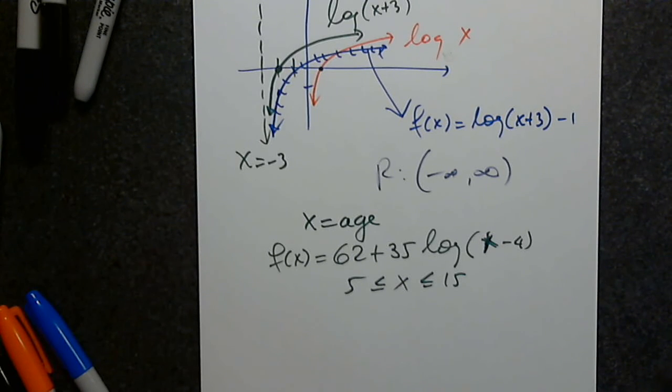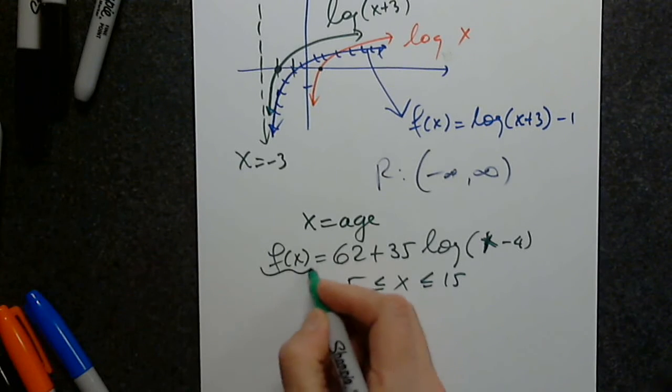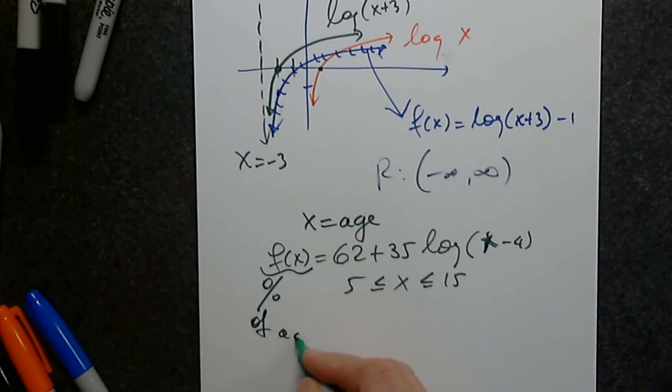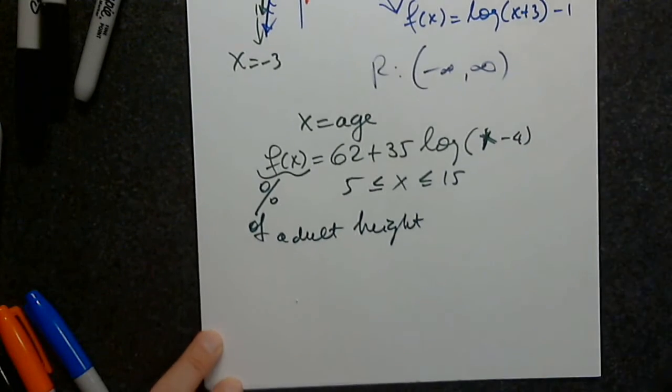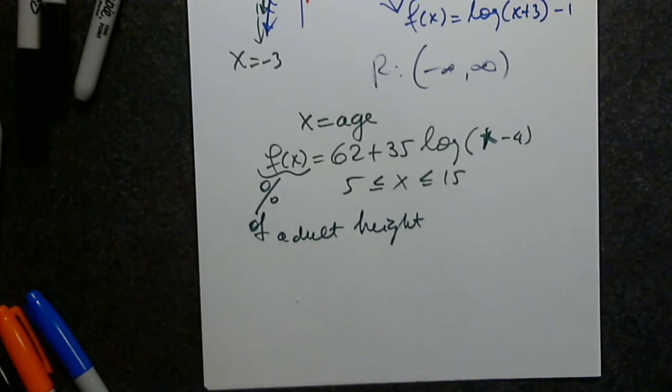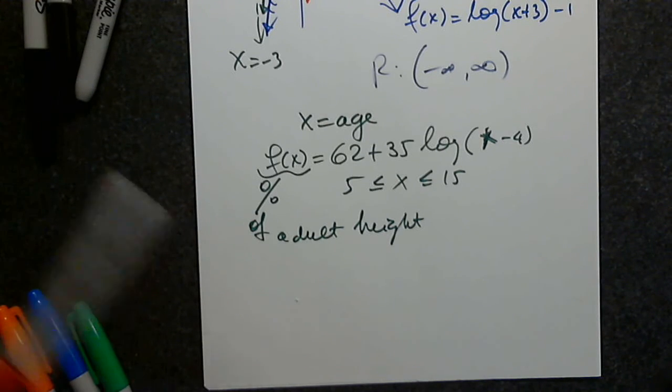Use this function to determine approximately what percentage of her adult height girls are at the age of 14. So f of x is the percentage of adult height. We want to know what percentage they are when they are 14, percentage of their height as adults. Plug in 14. Very good.